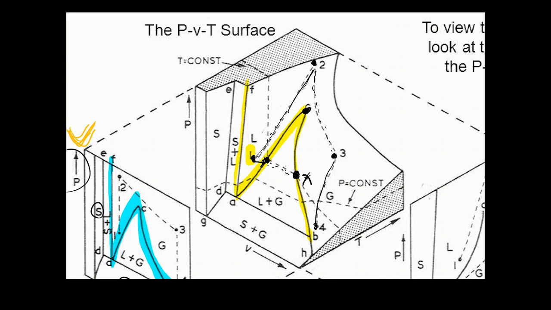What you would see in real time is that we start from point 1, which is totally liquid. You increase your pressure, you increase your temperature. That's how you move from 1 to 2. And then you go beyond your critical point. What you're going to see is, after liquid, suddenly you become something that we cannot say what it is.